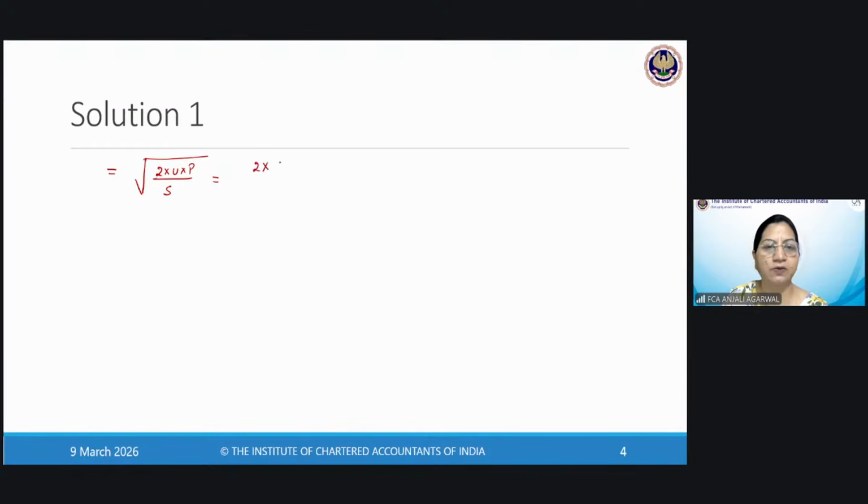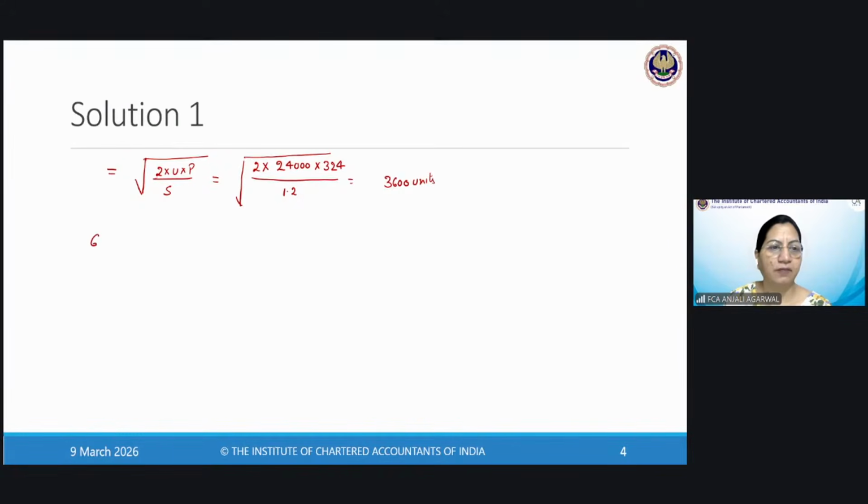So it was 2 into 24,000 into 324 divided by 1.2 under the root. So we decided we will place an order for 3,600 units, or if it is a production run, we will set up the machine for 3,600 units, or bearings, you can write here.